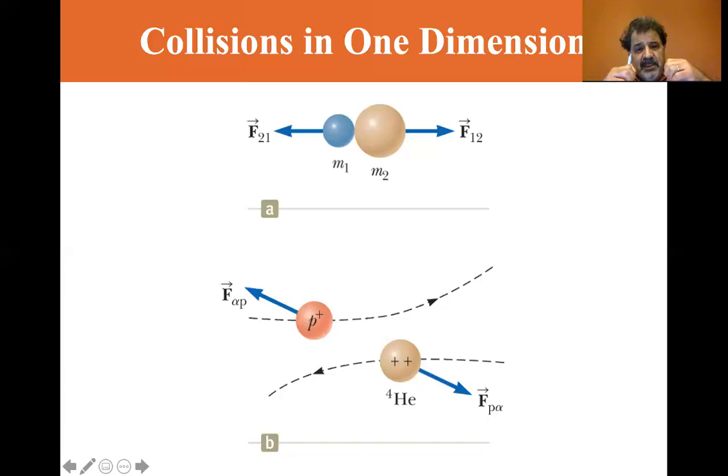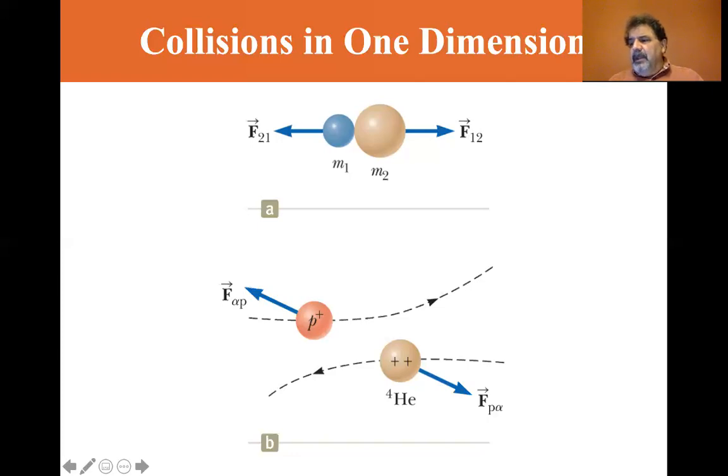Some of the energy gets used in deforming the particles. Imagine two clay balls hitting each other: they deform. That's what happens in auto accidents, where part of the energy goes into crumpling the metal. That is an inelastic collision.